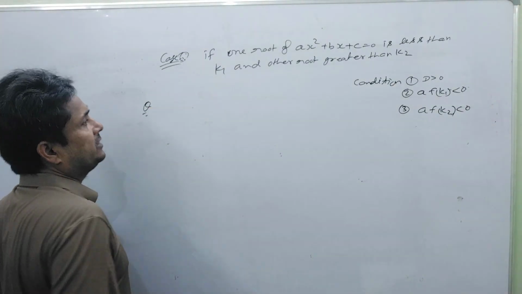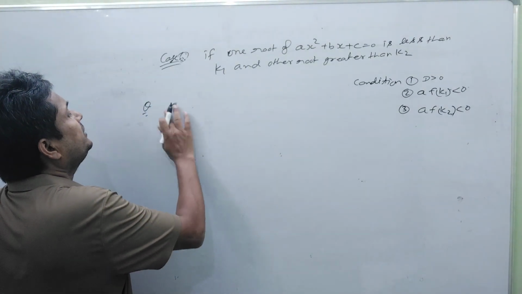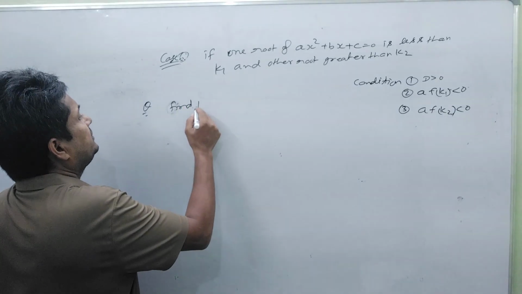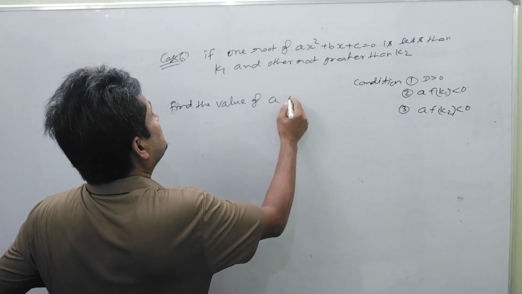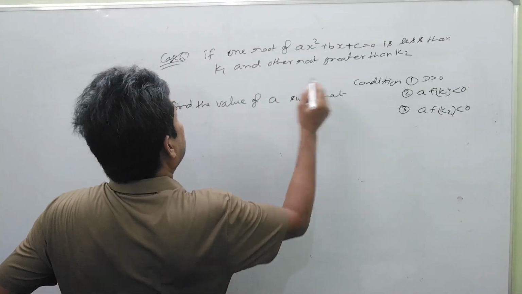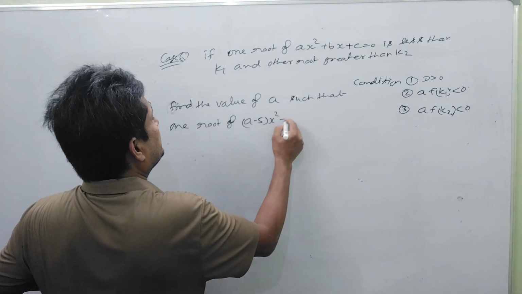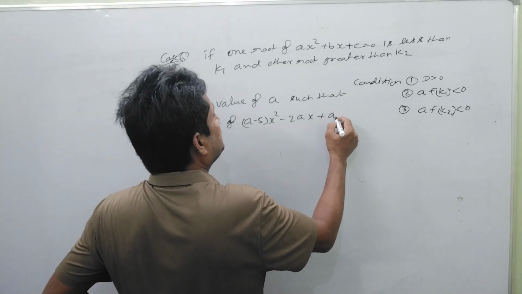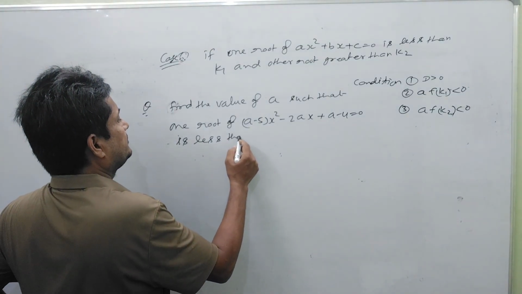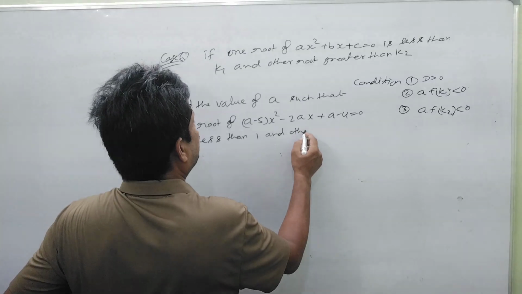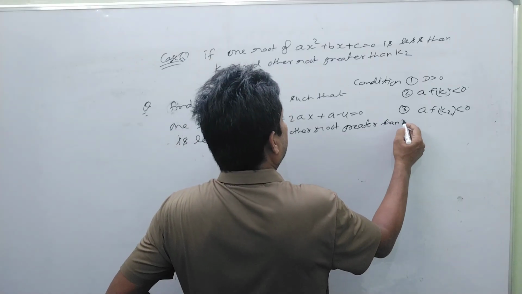So what is the question? What can be the question of this case? Let's say question: Find the value of a such that one root of (a minus 5)x square minus 2ax plus a minus 4 is equal to 0 is less than 1 and other root greater than 2.